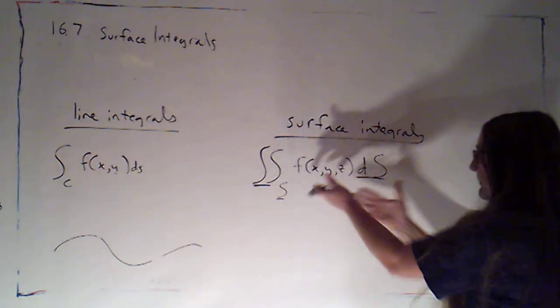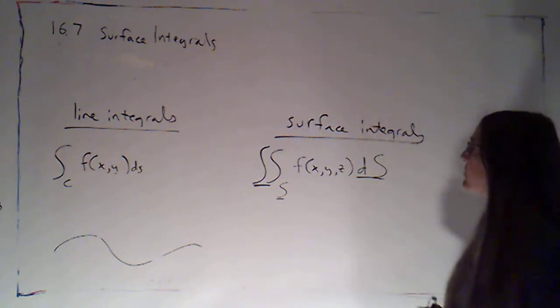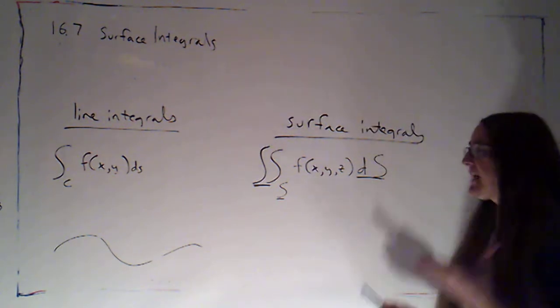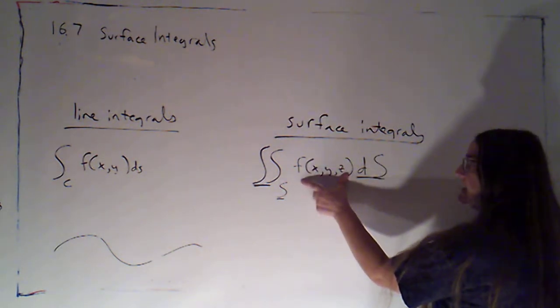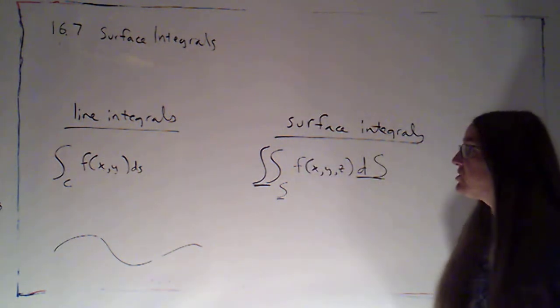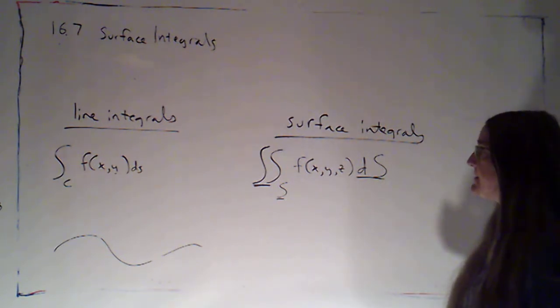So we'll talk a little bit about what this means and see some examples of applications. Right now, I just want to focus on how we would calculate this signed volume of attaching a height to every point on this two-dimensional surface that happens to live in 3 space.